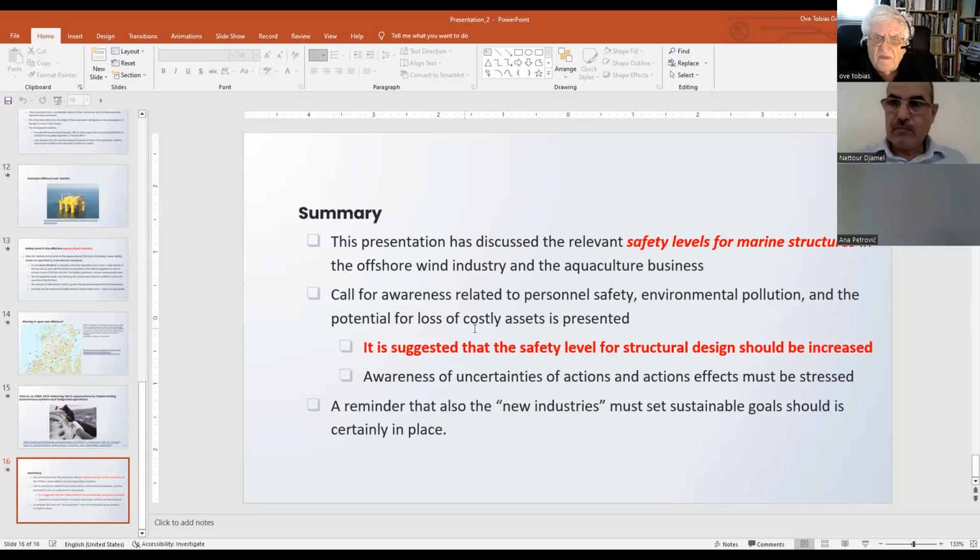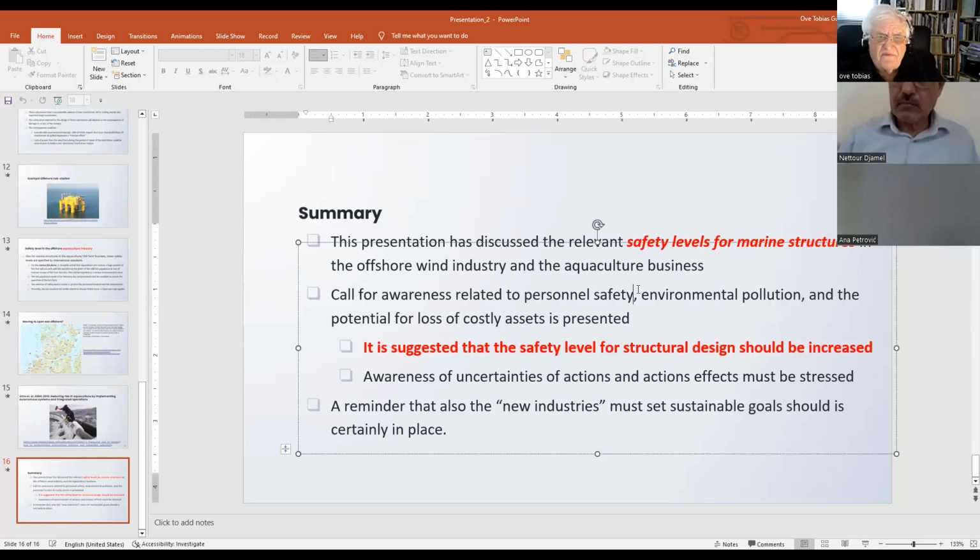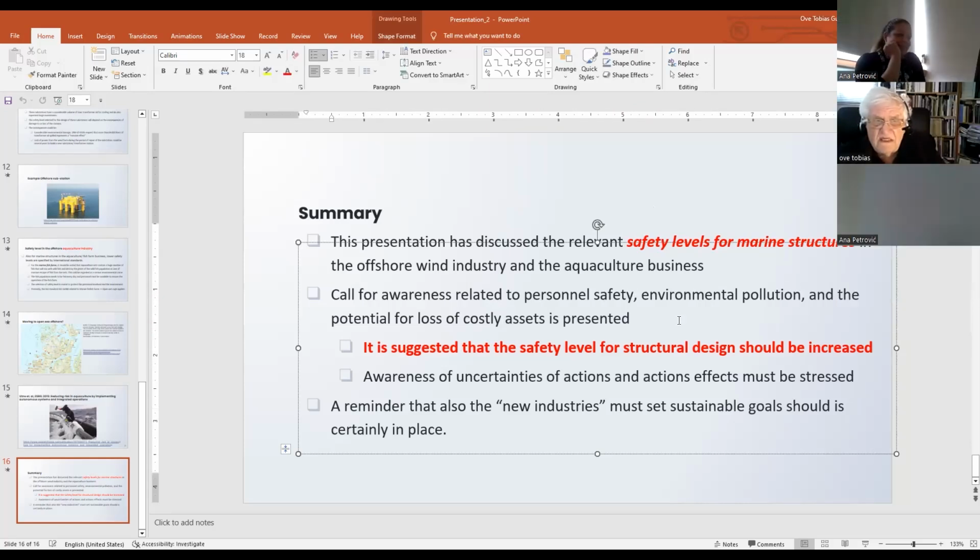And I call for awareness for safety of people, of the environmental pollution, also from wind farms, surprise, surprise, and the potential loss of assets. And I suggest that the safety level should be increased, but only after a thorough review internationally. And awareness of uncertainties. Uncertainties also give the multiplication, the safety factors, which is a part of the safety level.